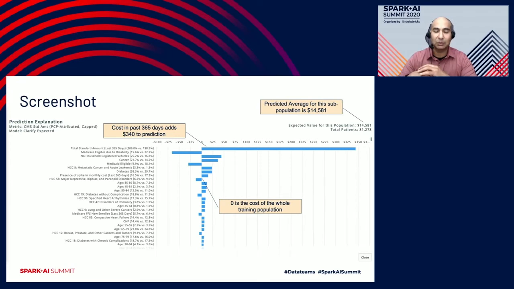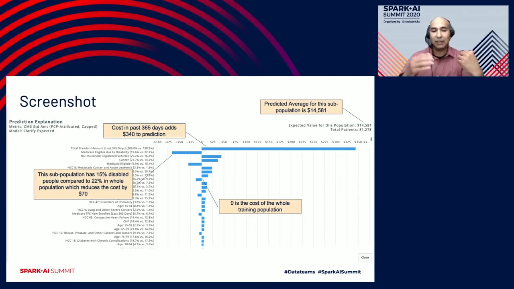Of course, it shows percentage instead of dollar amounts, but really it should be the cost in this subpopulation is $20,800, and the cost in the whole training population was $19,800. So the cost in the past 365 days for this subpopulation is higher. You can see that that adds $344 to the predicted cost in the next year.